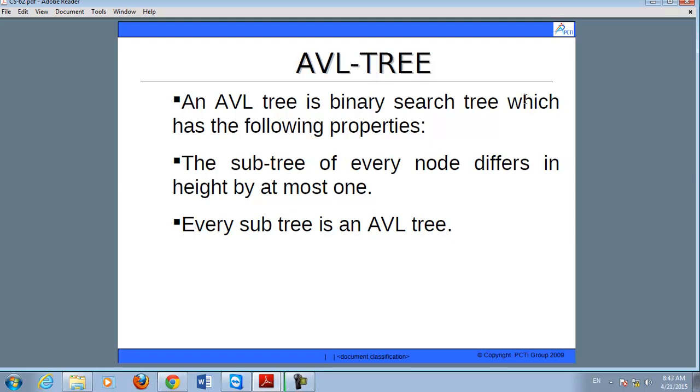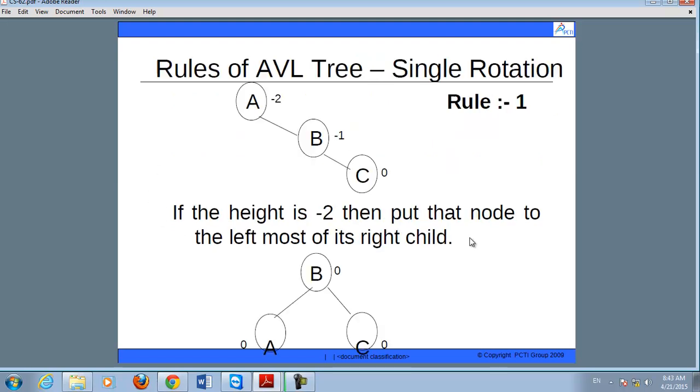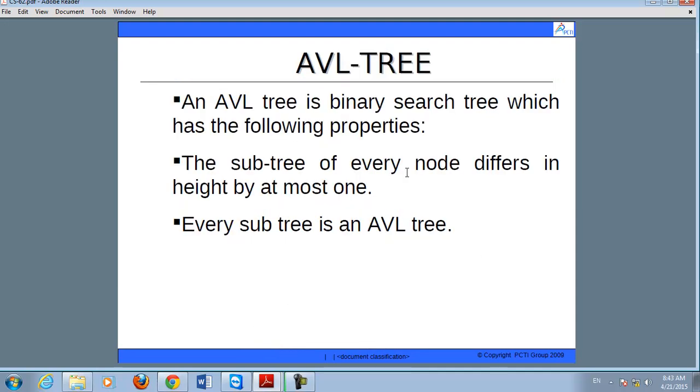Now, an AVL tree is a binary tree which has the following properties. The subtrees of every node differ in height by at most one, and every subtree is an AVL tree. The heights of the subtrees should not differ by more than 1. It means you can say an AVL tree is a binary search tree because the properties of a binary search tree are also followed.